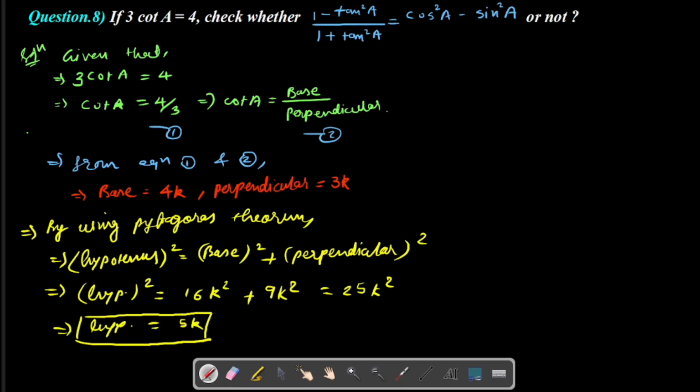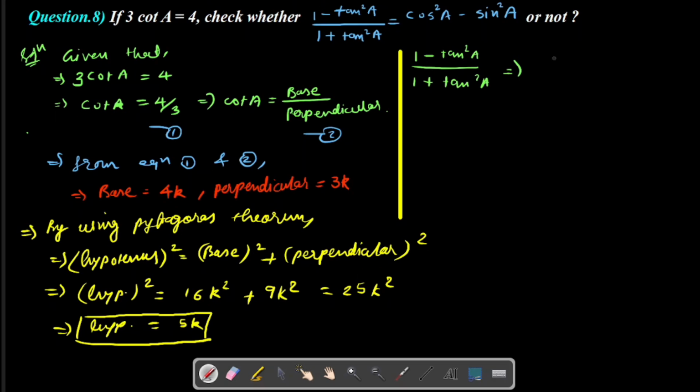By using this, we can easily find this relation. How do we do this? Let's see. First of all, here we are given (1 minus tan square A) upon (1 plus tan square A), right? Let me just simplify this.